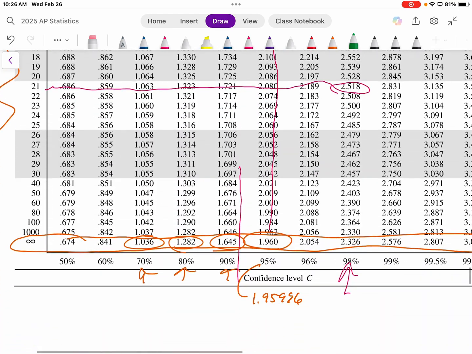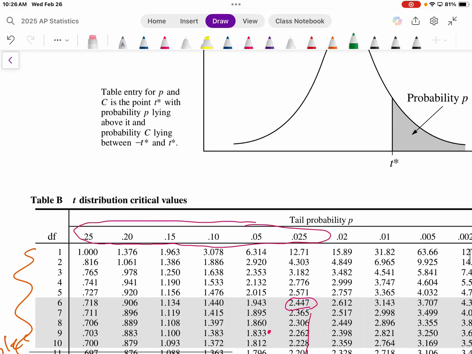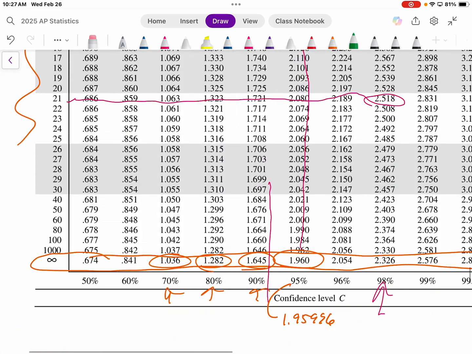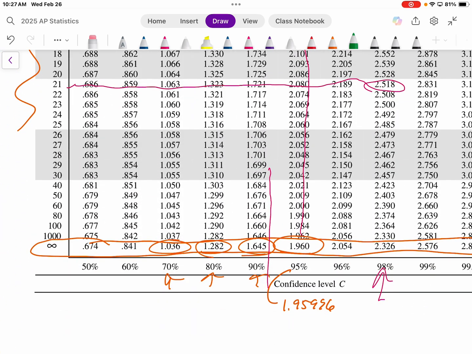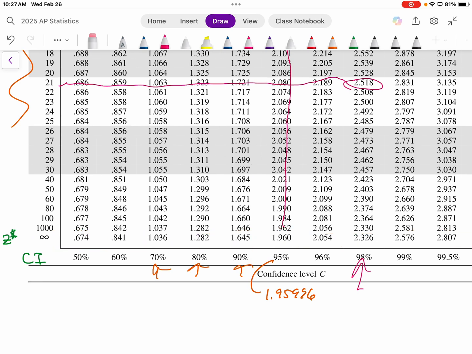This is actually what's after spring break, when we're dealing with means. We have to do what's called a T-star. This one sheet right here has our confidence intervals, and this last row is basically the Z-star. As we look at what confidence interval I am using, notice that above the 95% confidence interval is 1.96.